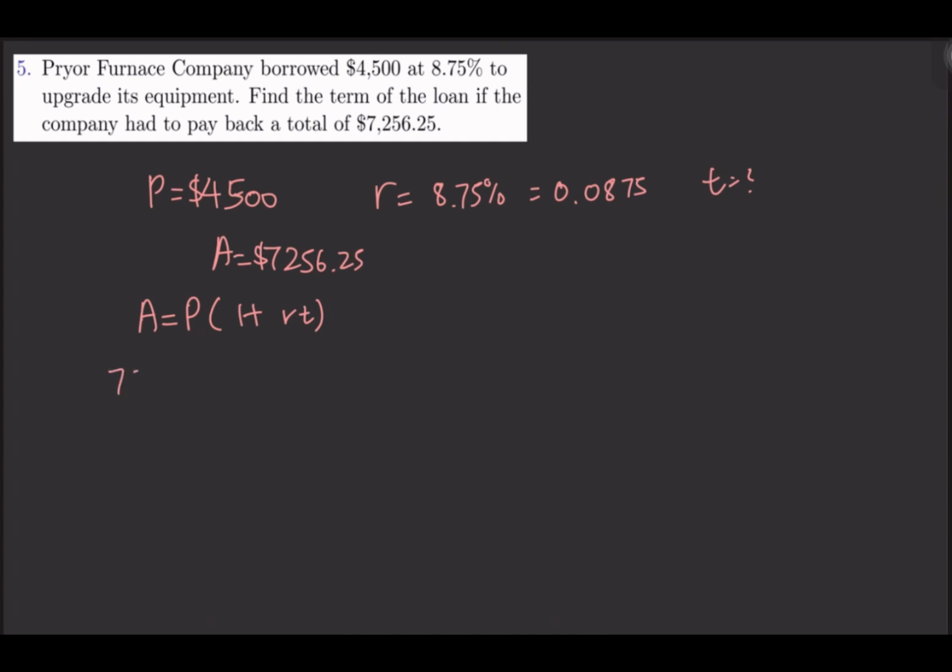Now, back to the formula, A equals P(1 + RT). A is 7,256.25 equals 4,500 times (1 plus, what is our R? 0.0875 T). Okay?